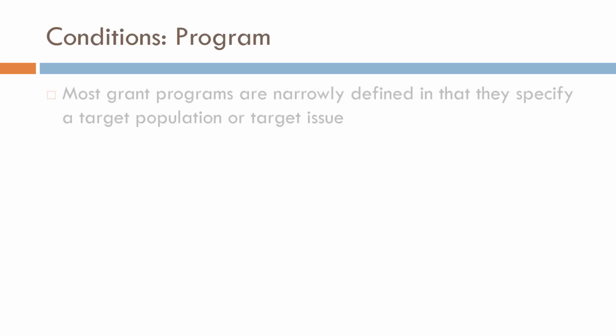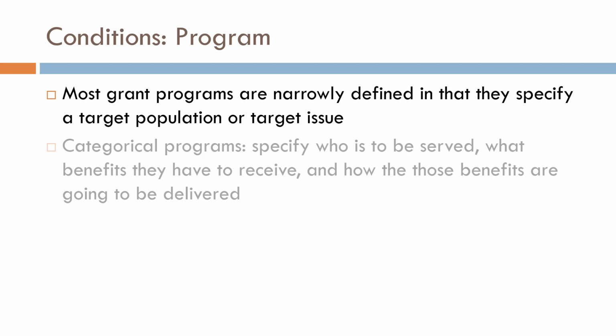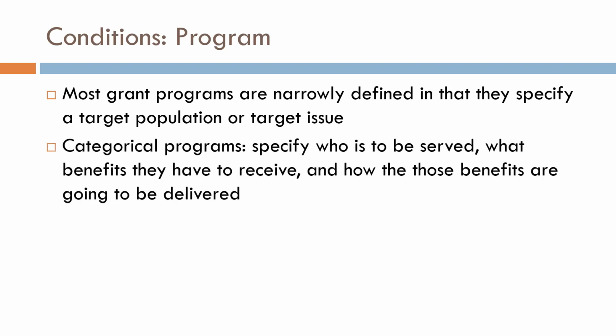So, conditions involving programs. Most grant programs are narrowly defined in that they specify a target population or a target issue. These are referred to as categorical programs. So they specify who is to be served, what benefits they have to receive, and how those benefits are going to be delivered. Those three things should sound very familiar, the Gilbert and Terrell framework at work here.